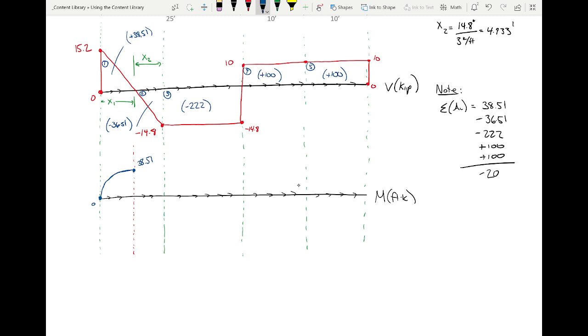Now, if I'm at 38.51, what do I do from here to C? Let's put our little de facto labels that we had come up with. So we had said that this was A, C, B, D, E. What about from here to point C? If I'm at 38.51, where am I going to end up? 2, right?